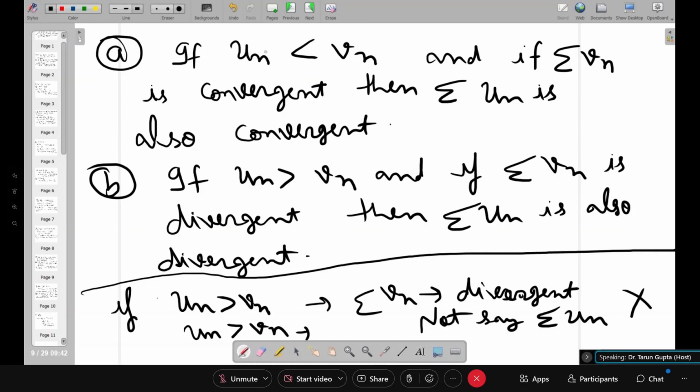But with the reverse sign, un greater than vn and vn convergent, you cannot say anything about un. The second case is un greater than vn: if vn is divergent, then un is also divergent. But in the reverse case, un less than vn and vn divergent, you cannot say.